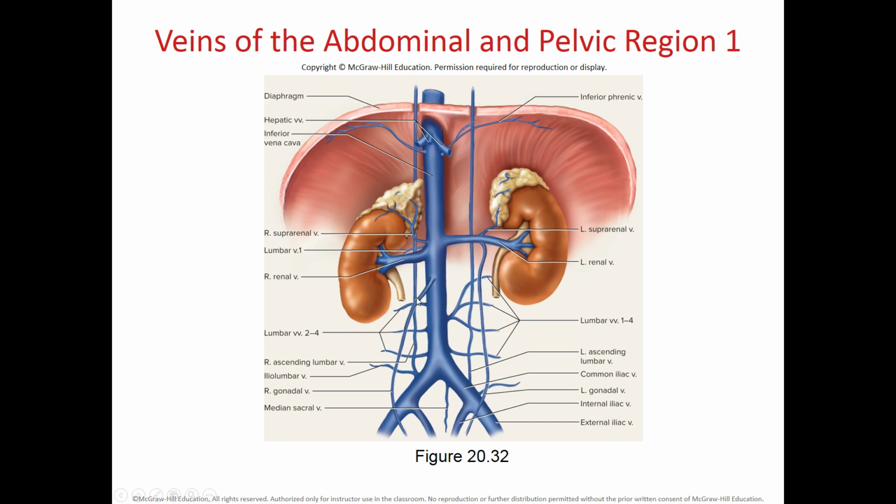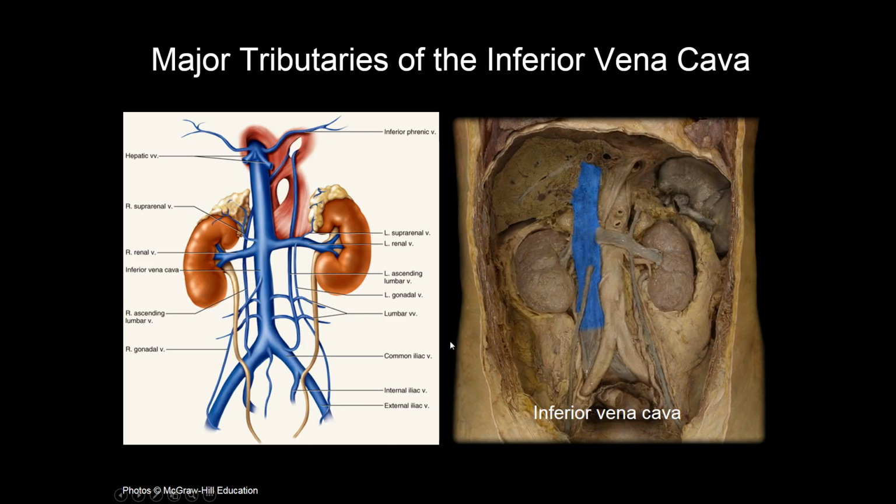And lumbar veins, gonadal veins, renal veins, the adrenal veins, the inferior diaphragmatic or inferior phrenic, and the hepatic veins, they drain into the superior vena cava. Sorry, inferior vena cava. So these are the tributaries of the inferior vena cava.